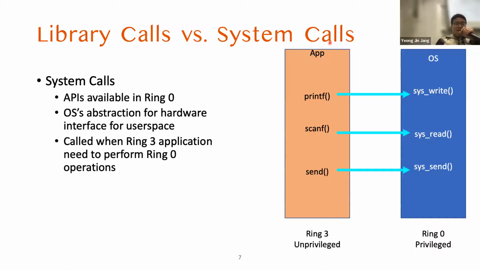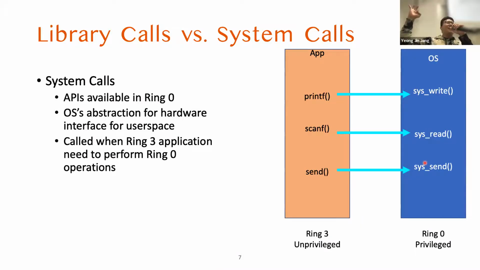And then these library calls, you can call the functions at any location of ring 3, but think about the system call. The code for the operating system is in ring 0. That is, the code area of the memory is marked as PTU 0.